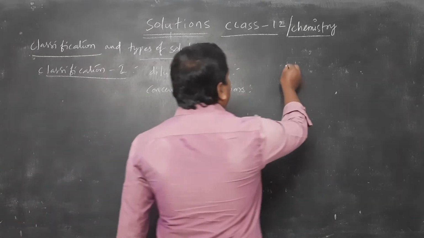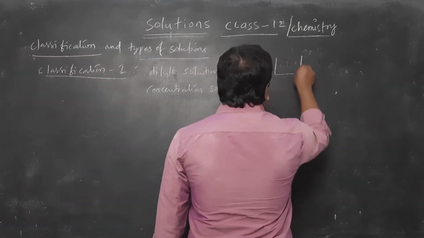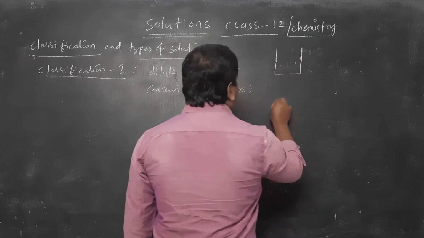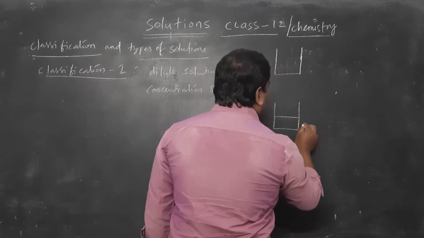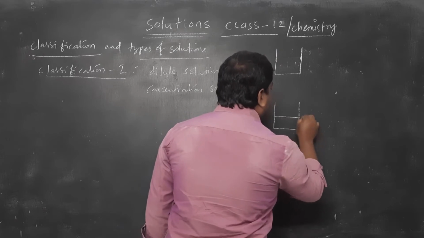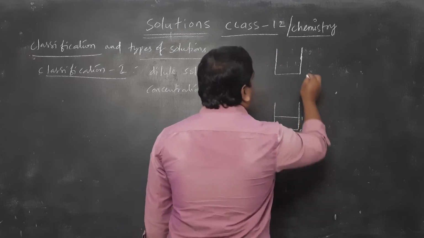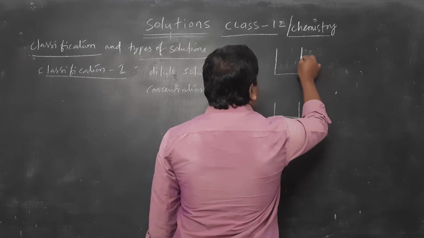First of all, we will take two containers here. Here it is 0, 50, 100 ml. Here also 0, 50, 100 ml.